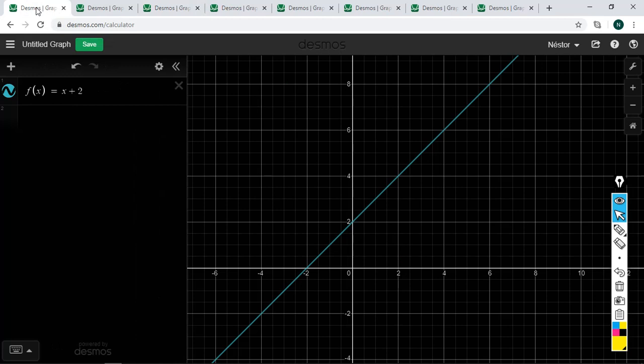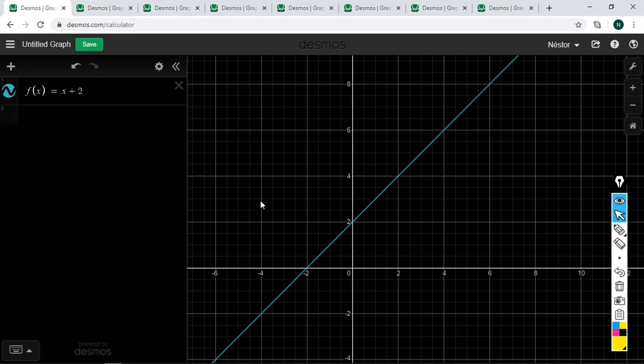Second concept, the symmetry. Again, 2 types of symmetry: symmetry with the y-axis and symmetry with the origin. And finally, the local and global minima and maxima. So let's see what all of that stuff means.